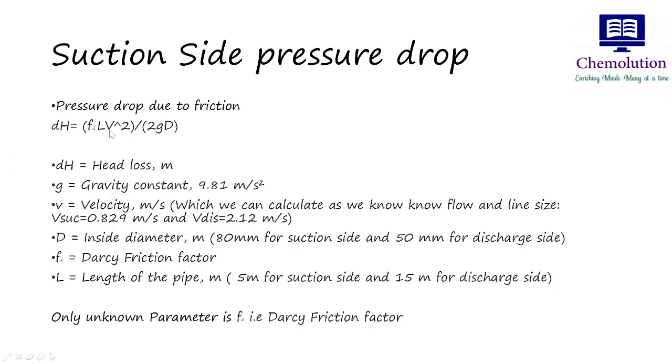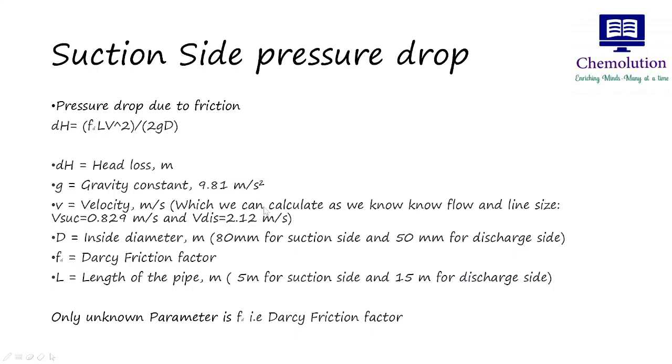So then V. Now what is the velocity on the suction side? We have considered 1 meter per second, but later on we selected a higher commercially available pipe size. So if you back calculate with that cross section area for 15 meter cube per hour, you will get a suction velocity of 0.829 meter per second.